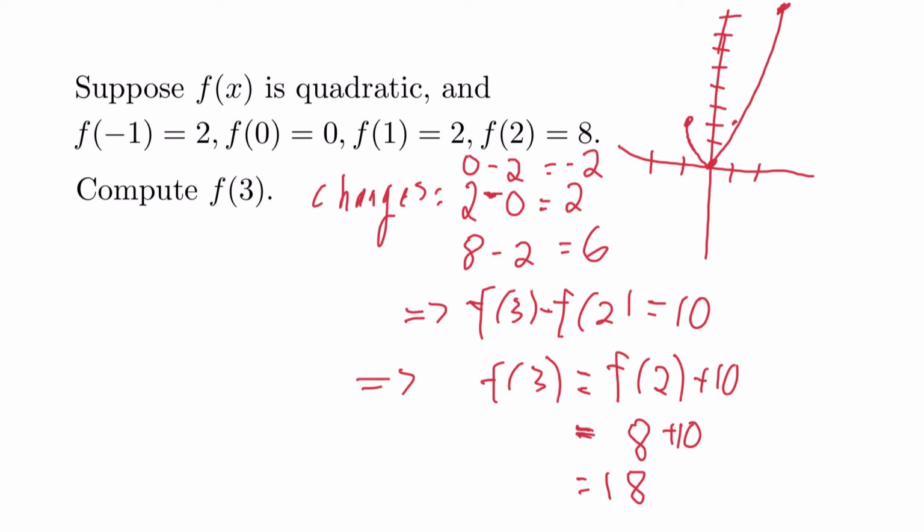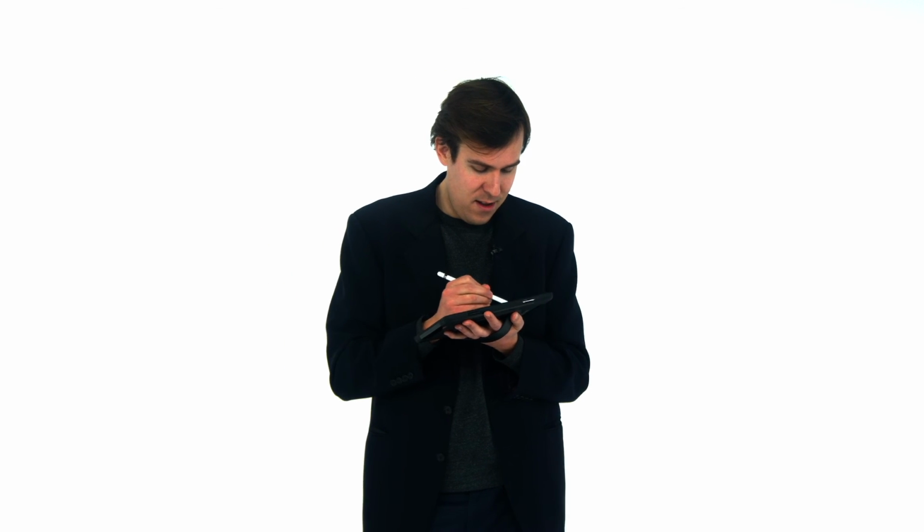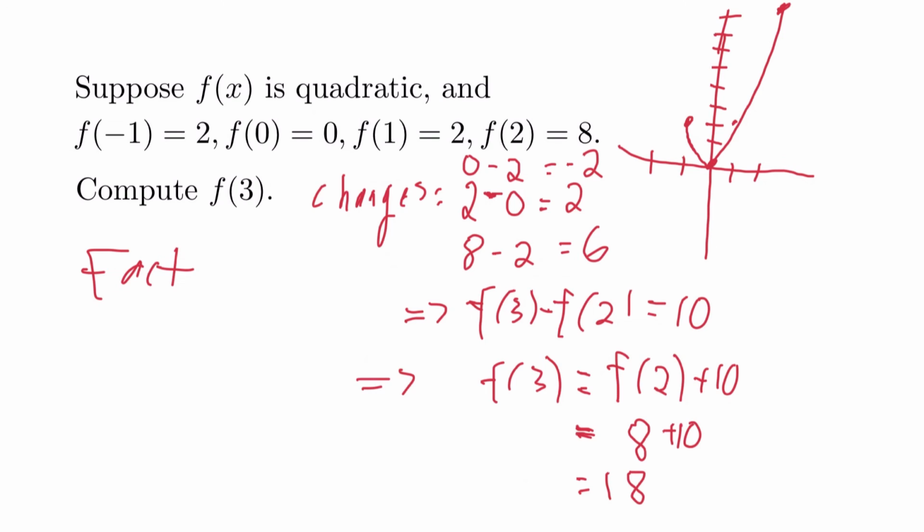So this is, I think, a very nice mathematical argument. And in fact, I'm going to tell you now what the original function was. The fact is, f of x was 2 times x squared. Does it fit? Sure. At 0, it's 0. At 1, it's 2. At 2, it's 2 times 4, so 8. And now we check.